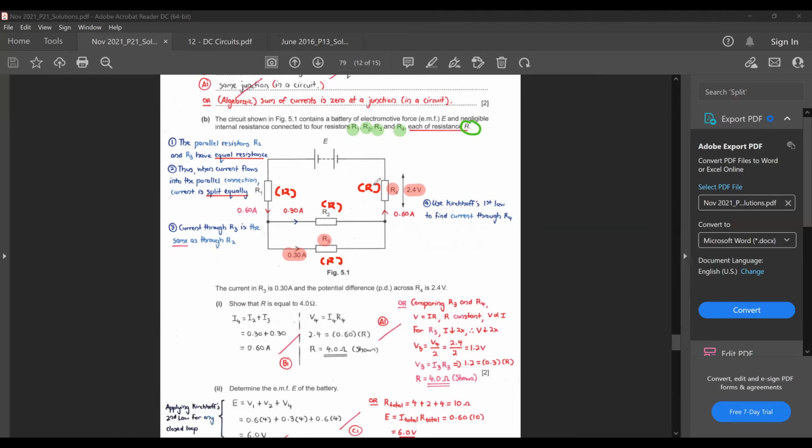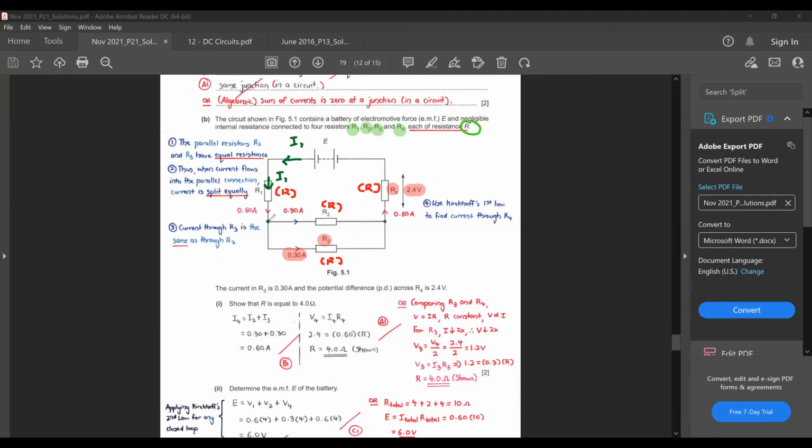You can single out this portion here. In our case, we know that current I1 comes out of the battery. It flows through R1, which is why it's called current I1.